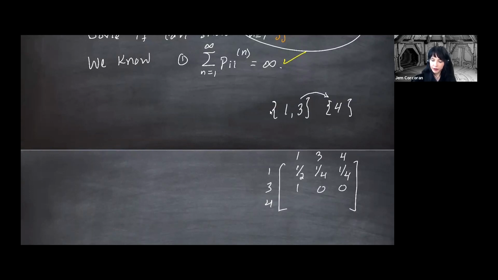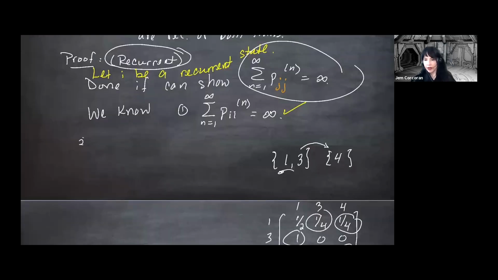So in this case, 1 and 3 communicate because I can get from 1 to 3 and I can get from 3 to 1. But starting at state 1, there's a chance I go out to 4 and then I'm stuck there and can't come back. So 1 and 3 do communicate, but they are transient. The other thing I already know, given that I'm assuming that i is recurrent, I already used that piece of information.